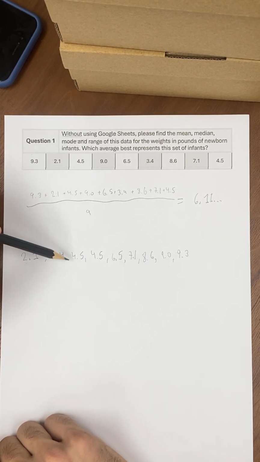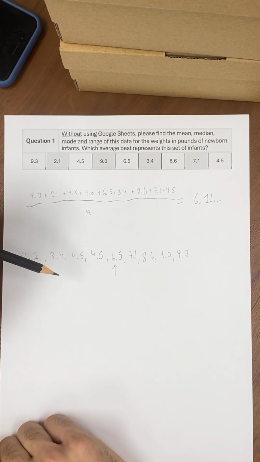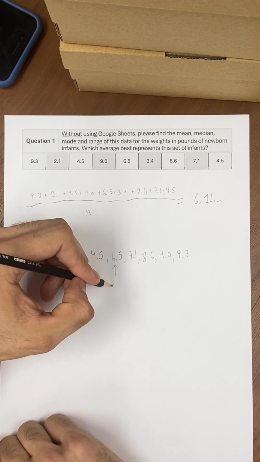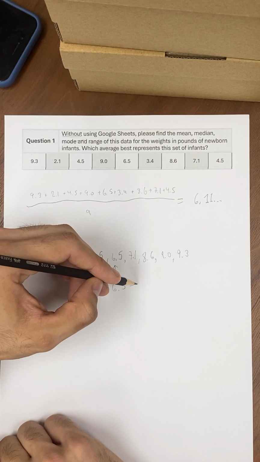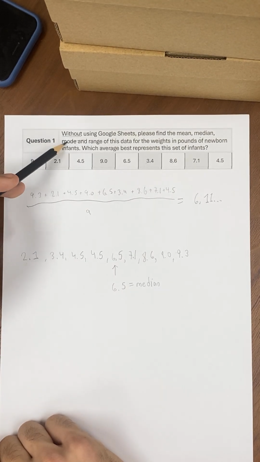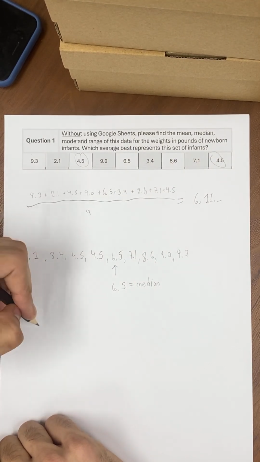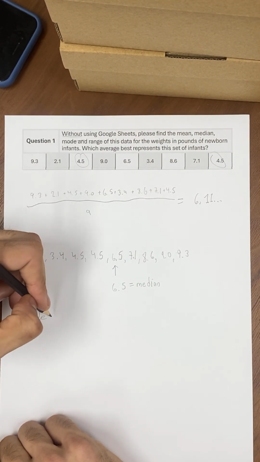So I'm looking for the one in the very middle, which is the fifth one. That's the median, which is 6.5. For the mode, I want to find the number that appears the most often, which is 4.5. It appears twice.